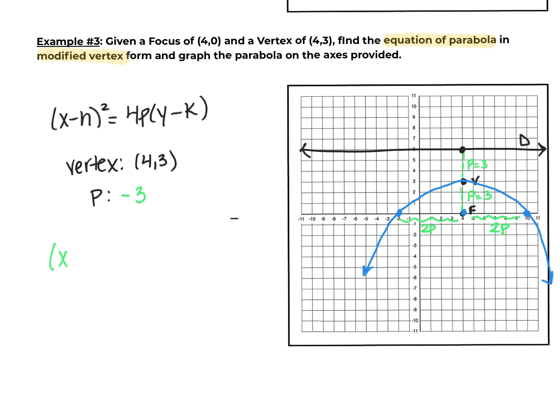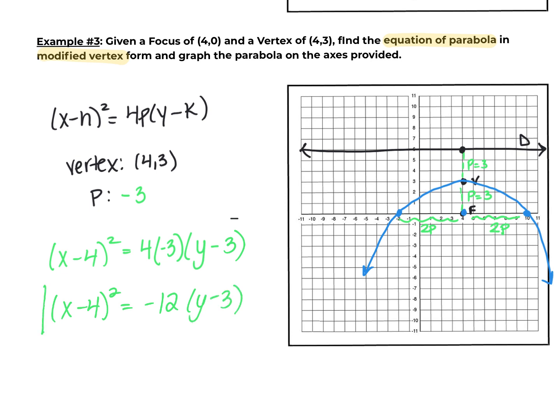So x minus 4 squared, I changed the positive 4 to a negative 4, equals 4p, where p is negative 3, and then y minus 3. That's our y value, switch the sign, and we can put this together. So x minus 4 squared equals negative 12, y minus 3. And that is my equation.